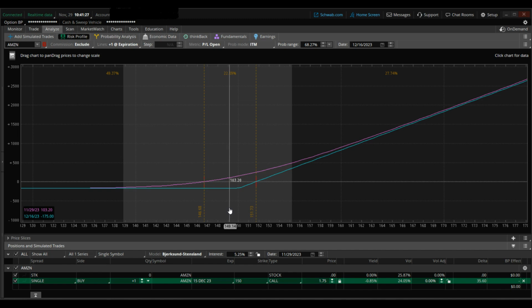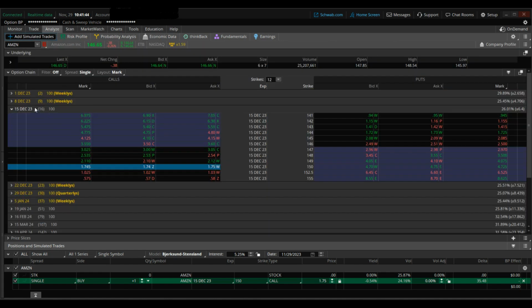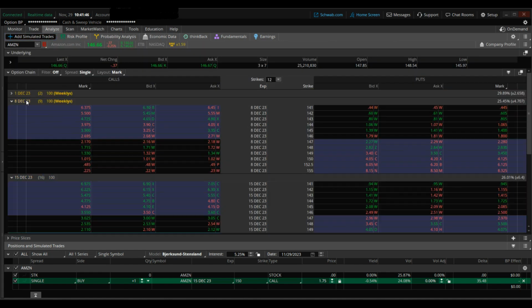You might ask yourself, why is that? Option contracts lose value as time passes. So as time passes, this purple line merges with the blue line. And I'm going to prove this claim right here. I'm going to go to the 8th of December 2023, and I'm going to buy the 150 call.